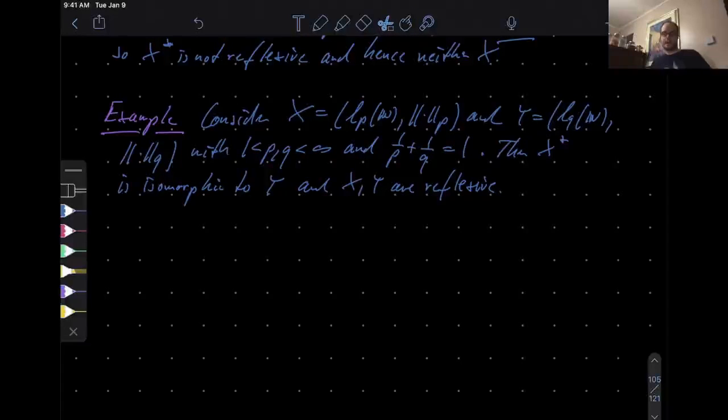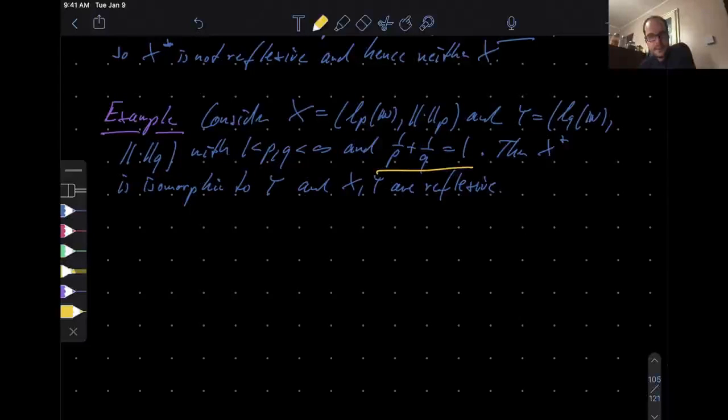If you're away from p equals 1 and p equals infinity, things work out nicely in the sense that, first off, the dual space of l^p, if p is different from 1 and infinity, is isomorphic to l^q, and p and q are related by that relation that you remember from Hölder's inequality. Moreover, both of these are actually reflexive Banach spaces.